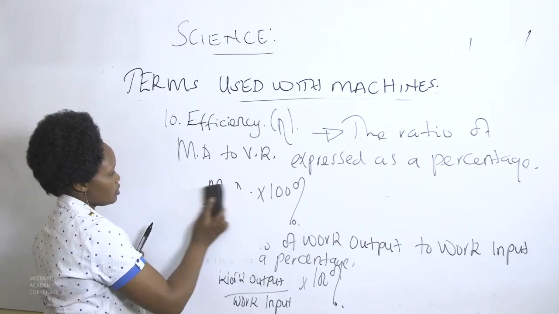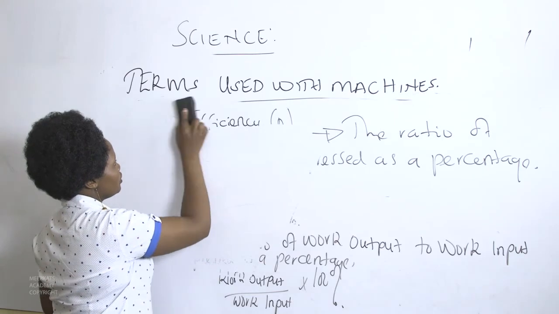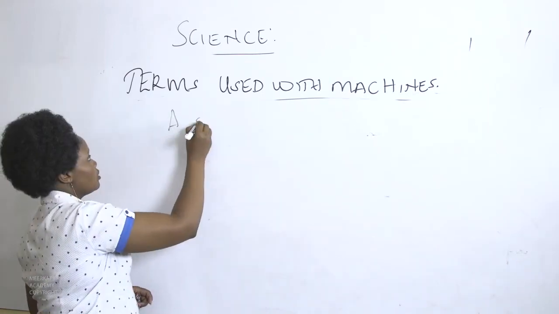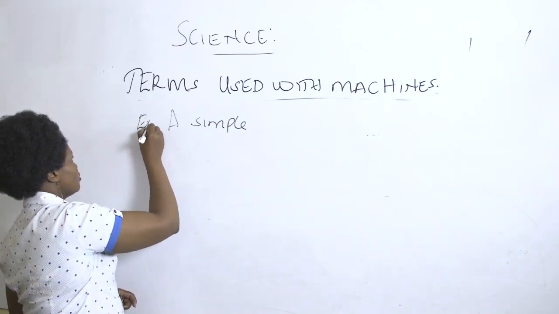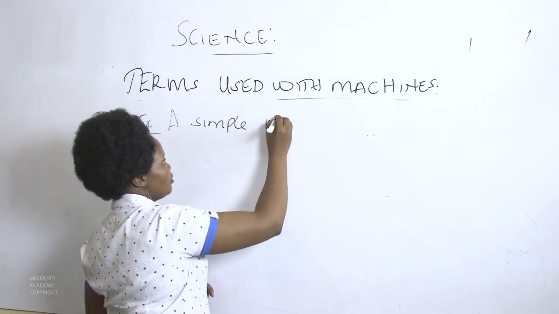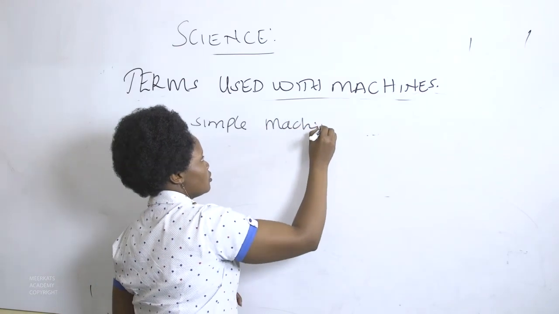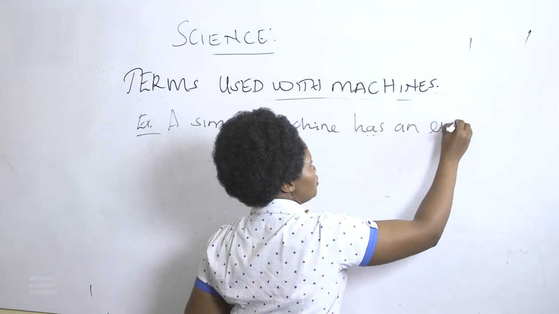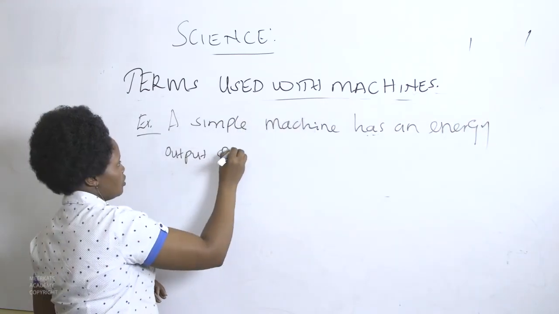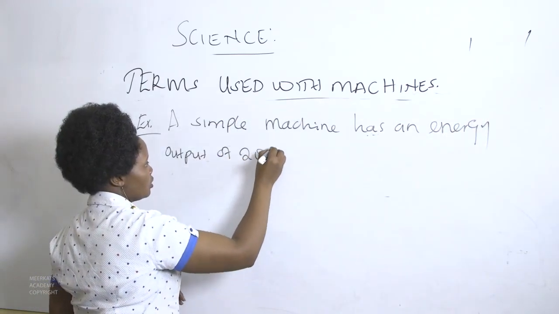Let us look at an example on efficiency. A simple machine has an energy output of 200 joules.